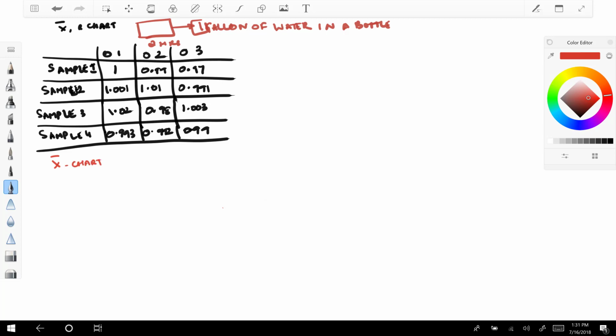The lower control limit is equal to X double bar minus A R bar, and the upper control limit is X double bar plus A R bar.